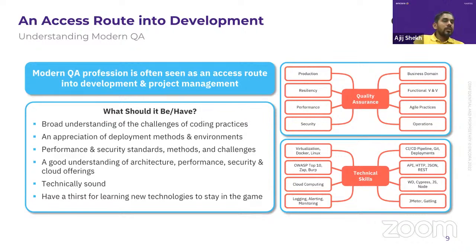The next point is understanding of architecture, performance, and security in cloud. Cloud is also important. Be technically sound: you should be aware of your website flow. For example, if your company works in the healthcare or transportation domain, you should be technically sound about that particular domain as well as the technology.